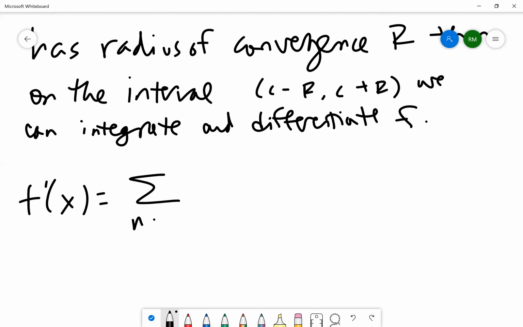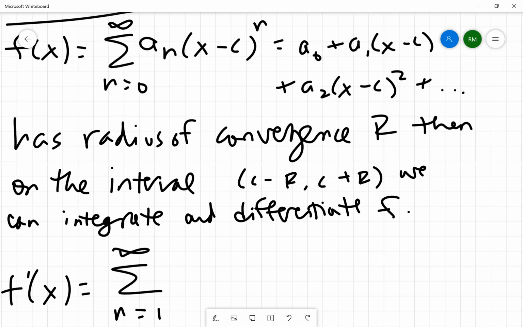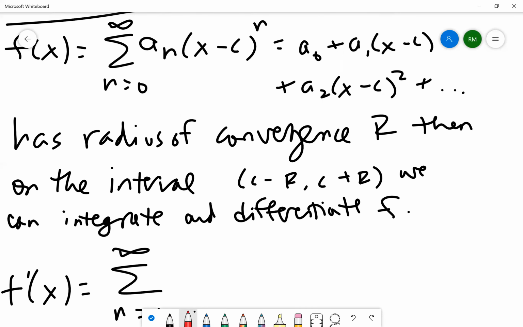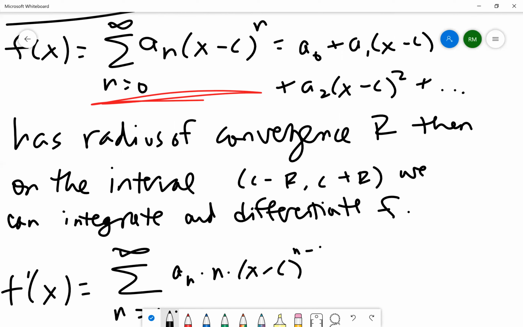So I just use the power rule. The power rule will tell me that the derivative should just be the sum of an times n times x minus c to the n minus 1. And that's the derivative.